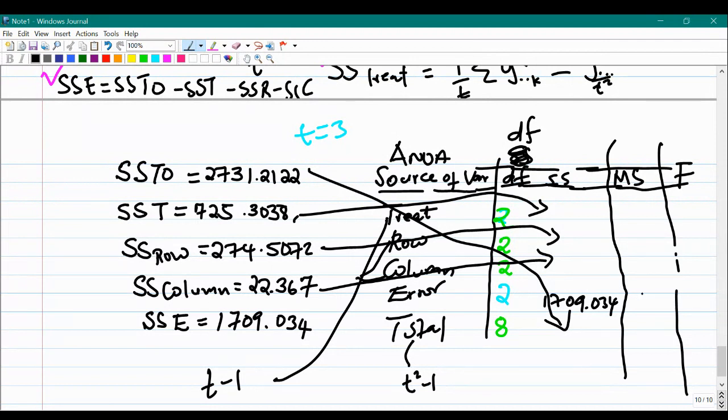We're left with 4 minutes. Leaders, are you still there? MSE is going to be 854.517.